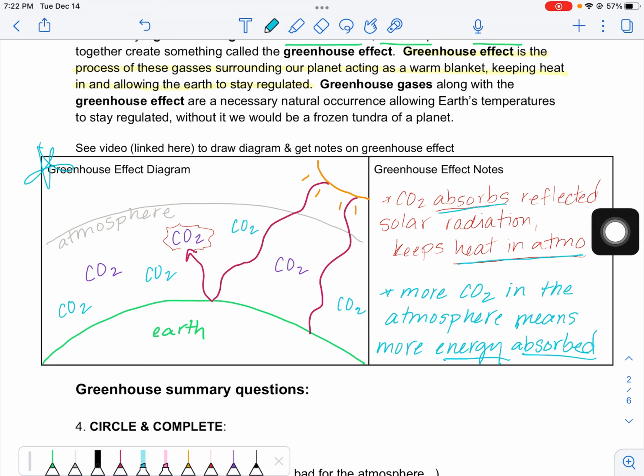But if that imbalance with CO2 becomes too great, too much energy is going to be absorbed, and we're going to see that temperature increase. Just like in the reverse, if we lose a lot of CO2, that temperature would decrease. So the temperature of the atmosphere is directly related to how much or how little CO2 there is in the air.